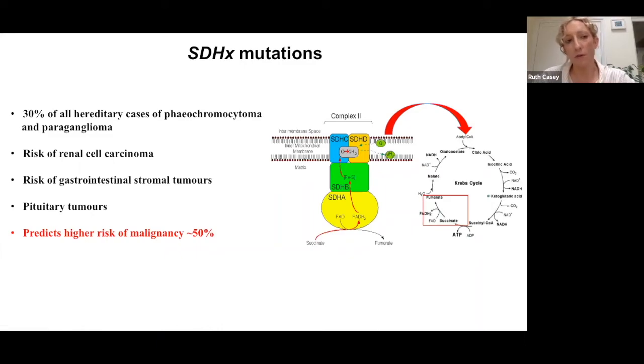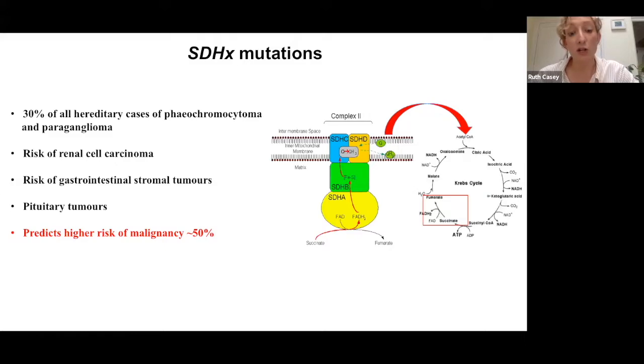And normally this functions in the citric acid cycle to convert succinate to fumarate. But a mutation in any one of the 4 genes renders the enzyme complex ineffective, such that succinate can't be converted to fumarate. So you get pathological accumulation of succinate. And we now know that that's what drives tumorigenesis by promoting both pseudohypoxia and hypomethylation.